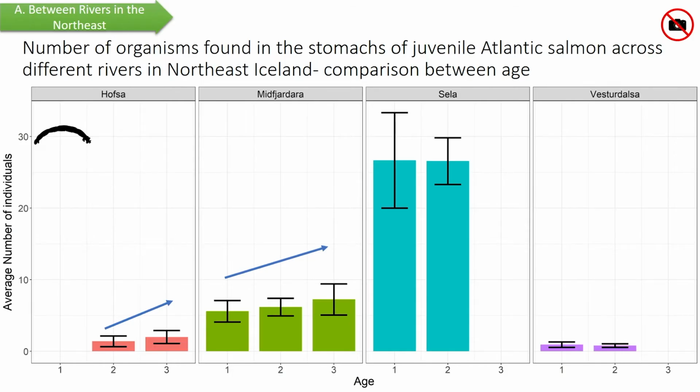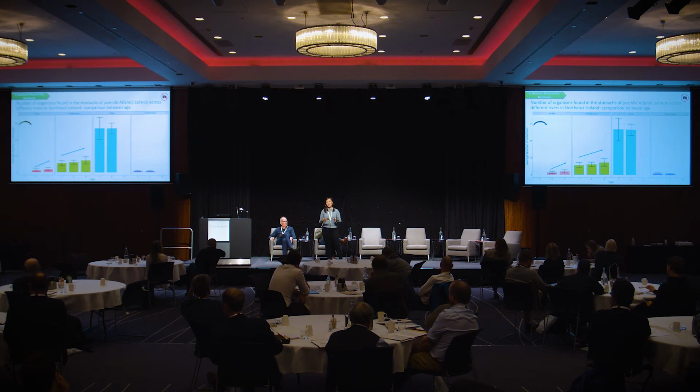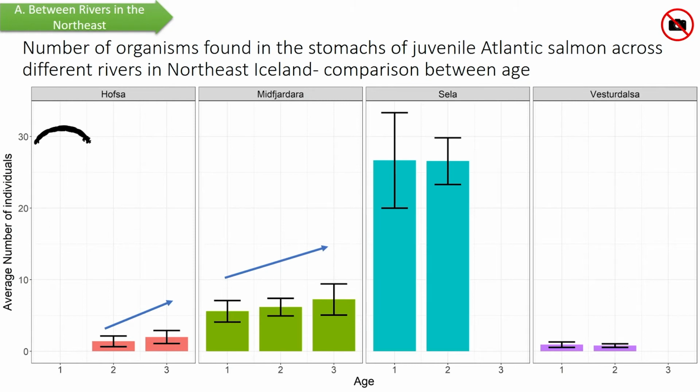And you can also see here that Selau has the highest number of chironomids found. We did see that as well with the DriftNet results, as you remember, that there was also a very high chironomid density. So therefore, this is probably why we're also seeing a very high density found in the stomachs.